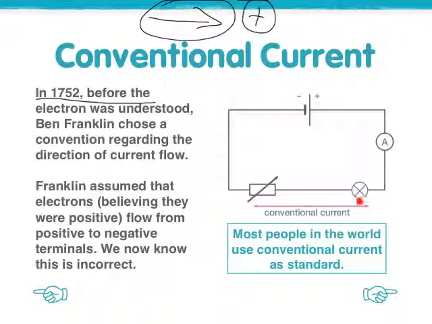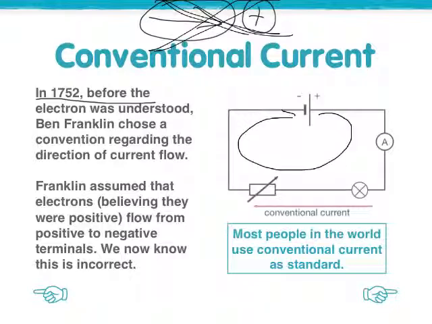So the conventional current flow, the direction that we say the current is moving, is actually opposite to this common sense model that we described before. Okay, so conventional current is towards the negative terminal of your battery, because that's what it used to be before electrons were discovered, and that is what you use as your convention.